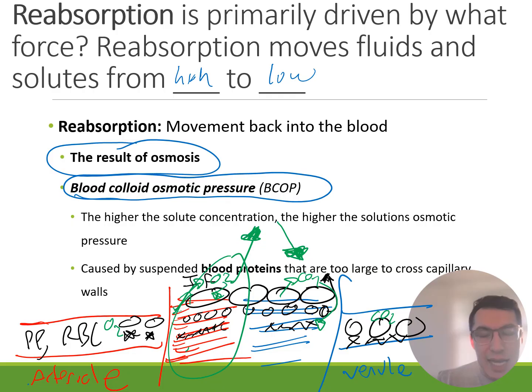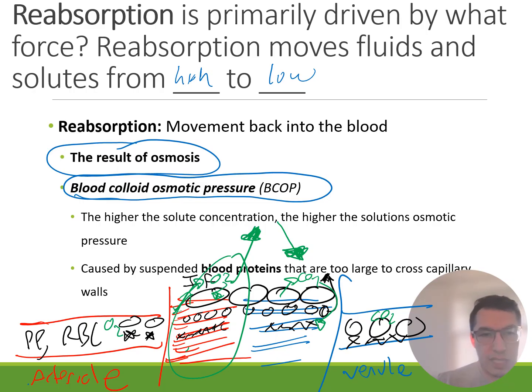So there is a higher concentration now within the venule, since we filtered out a lot of those nutrients and we have now large proteins and red blood cells. It is very concentrated, and we pushed out a lot of water as well. Then some of that will be reabsorbed by osmosis back into that venule. Right, not all of it, but some of it.